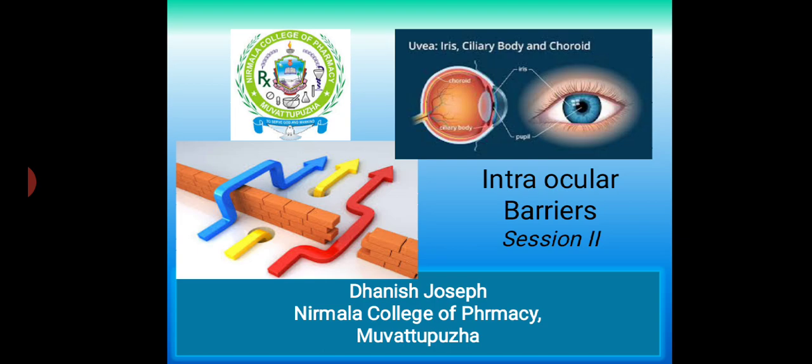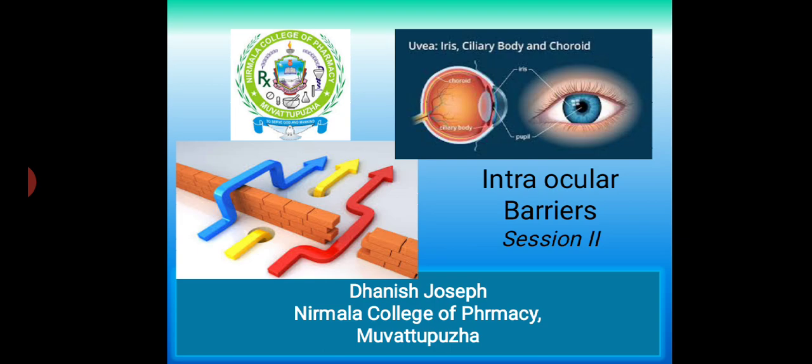So today we are continuing with the previous session that we have discussed, that is intraocular barriers. In our last class we discussed the introduction and a few barriers on the intraocular barriers.